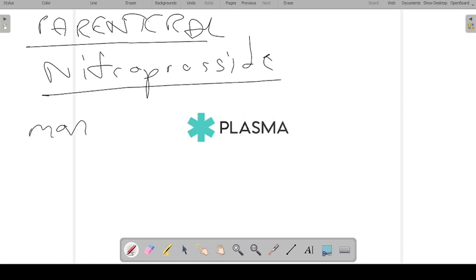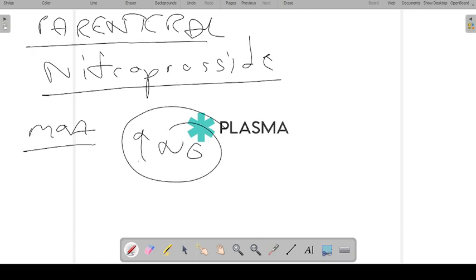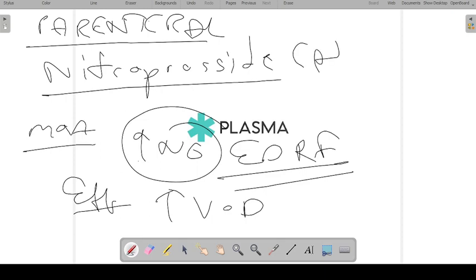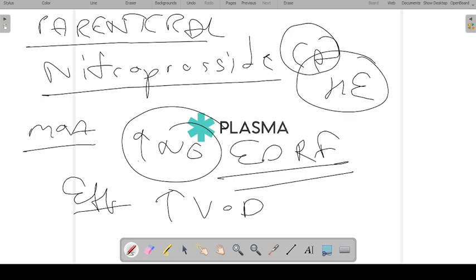Its mechanism of action is that it releases nitric oxide, that is again EDRF, endothelium derived relaxing factor, and its effect is that it is a powerful vasodilator. Clinical application includes hypertensive emergencies.